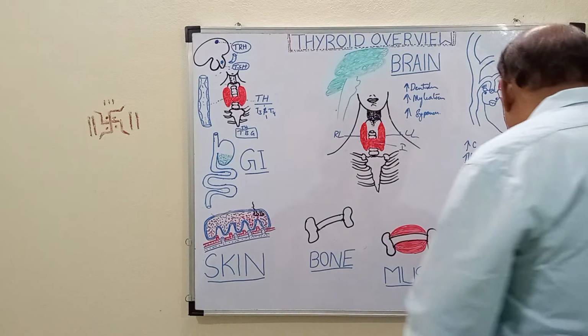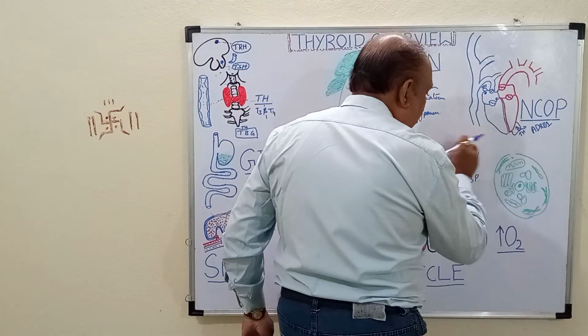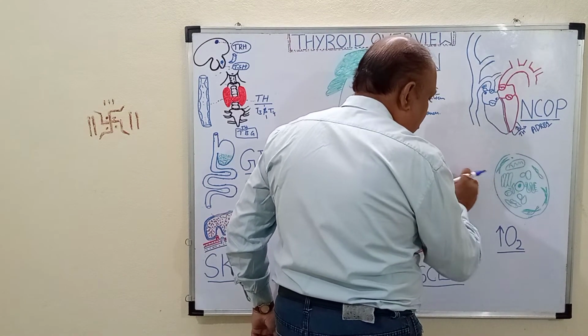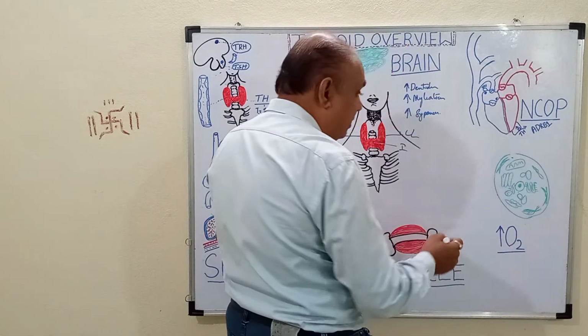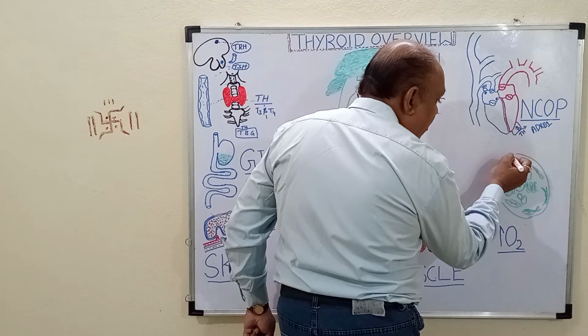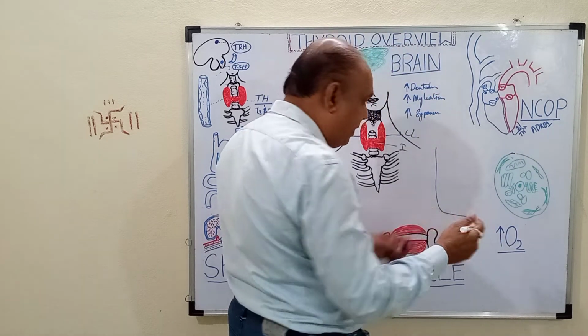Now we will see how exactly the thyroid hormone promotes increasing usage of oxygen in the body cell. I'm just zooming up the cell.